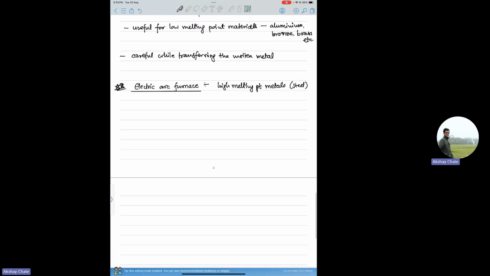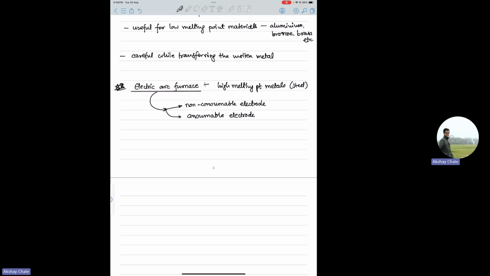First is called non-consumable electrode, and then obviously there is the second, which is called consumable electrode.